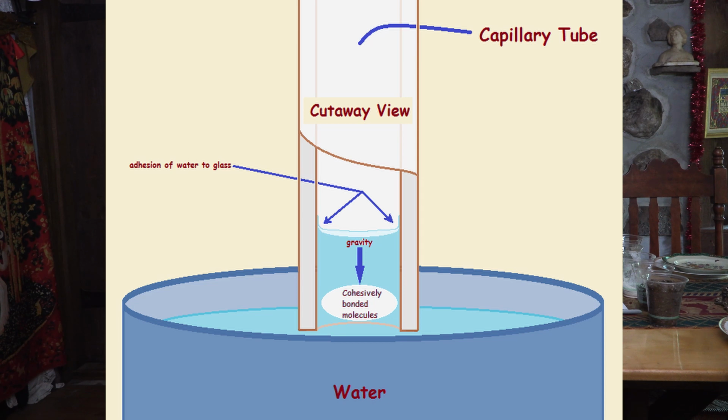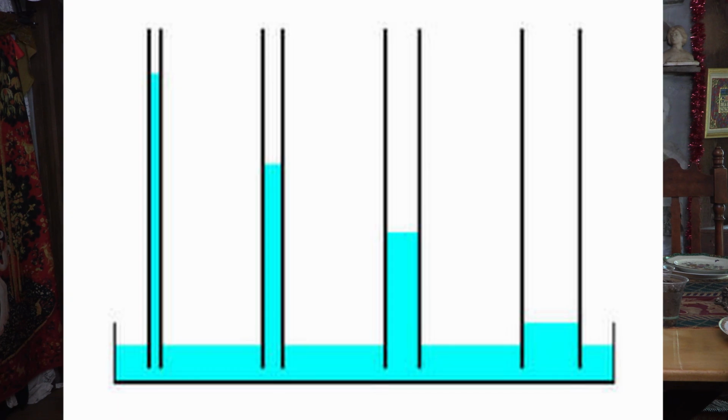It will have a tendency of drawing that water up, but it'll only draw it up to the point where the opposing gravitational force balances it out, so that the pull upward is balanced by the pull downward, so we get a particular point at which that water will rise to. The wider the tube, the lower that level, because the gravitational forces become stronger.